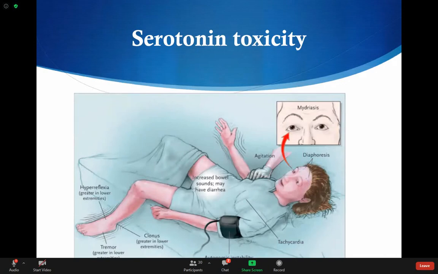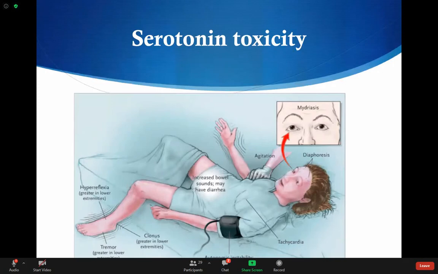If they take two medications that increase serotonin, then they may go into serotonin toxicity. Just remember, serotonin toxicity is very similar to sympathomimetics, okay? Except that the sympathomimetics usually are more aggressive than the serotonin toxic patients. And you have a hint from the history that the patient is taking serotonergic agents. That's why they get serotonin toxicity.